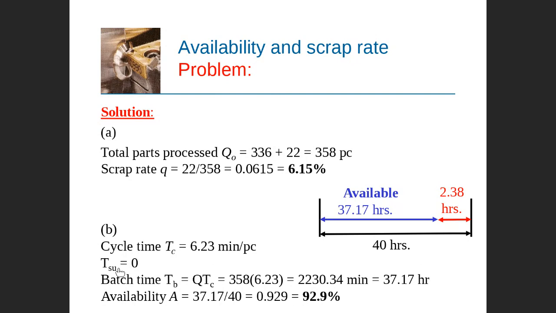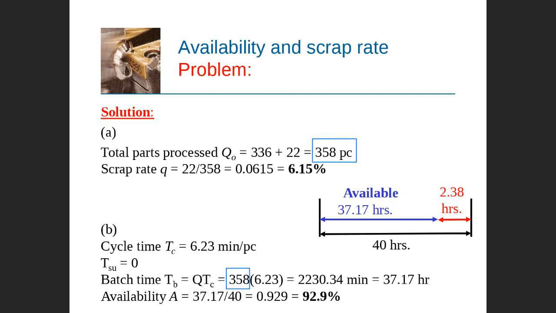TB equals TC. Then the batch time for all product equals Q multiplied by TC; it's supposed to be TSU plus Q multiplied by TC, but TSU is 0. Q is 358. I emphasize this point, it is very important.